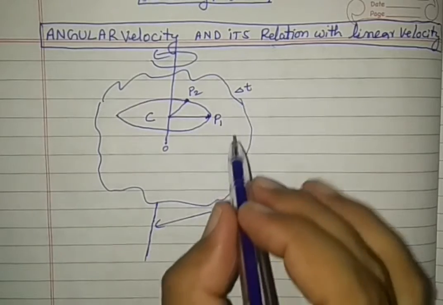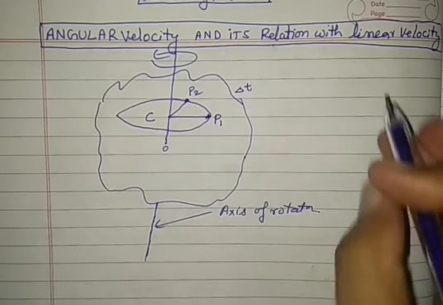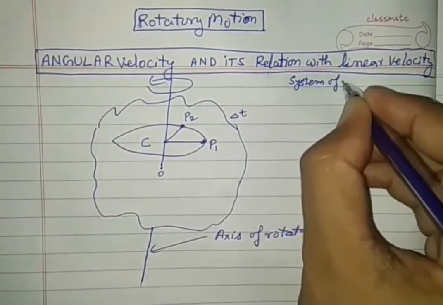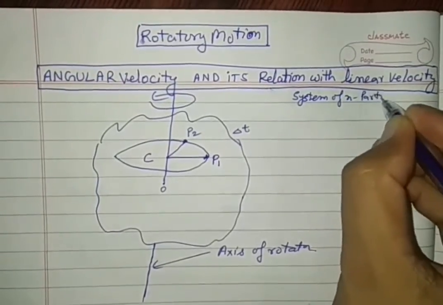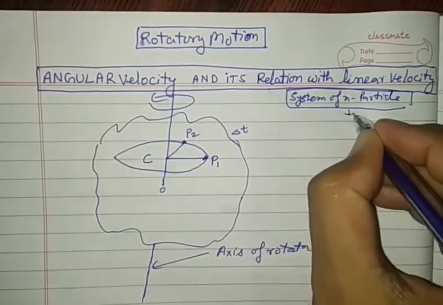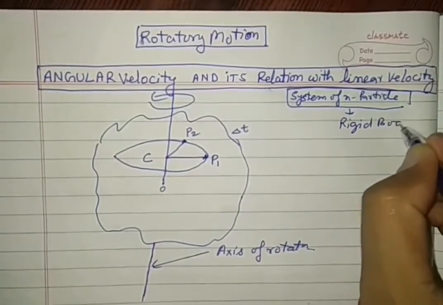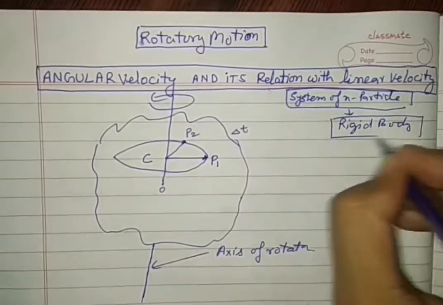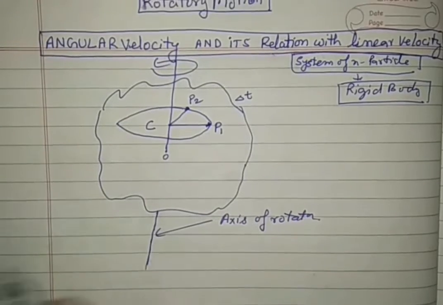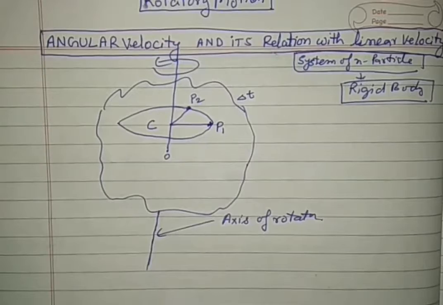See, we have already discussed that a system of n particles is applicable here in the chapter on the rigid body. In the rigid body each particle is rotating in a circular path. Its circular movement is given here.